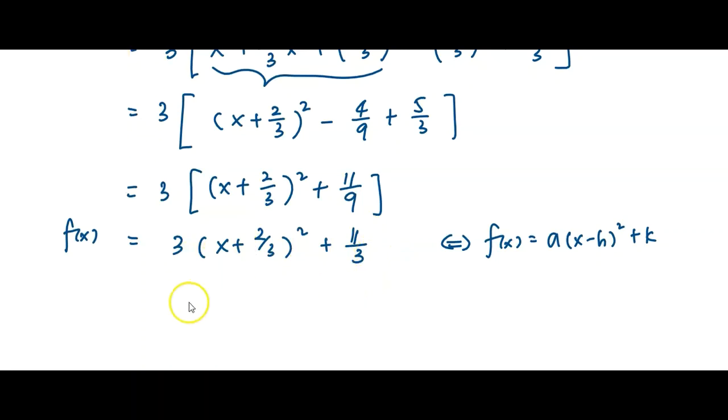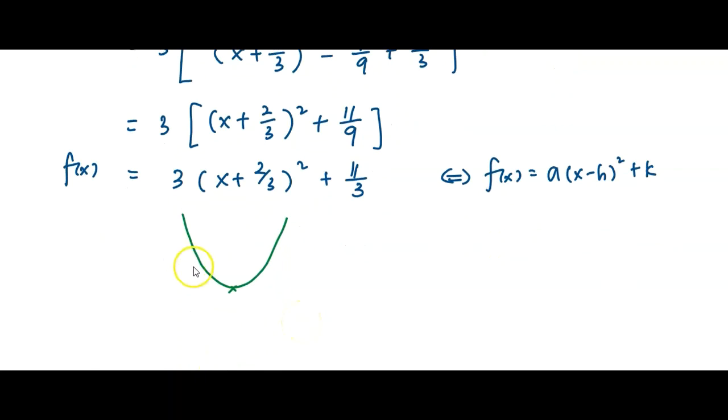From here, you know that the graph has a minimum point, from the sign of the a value. So this minimum point will be given by this point: take the h value and change the sign, negative 2 over 3, and then the y coordinate will be 11 over 3.